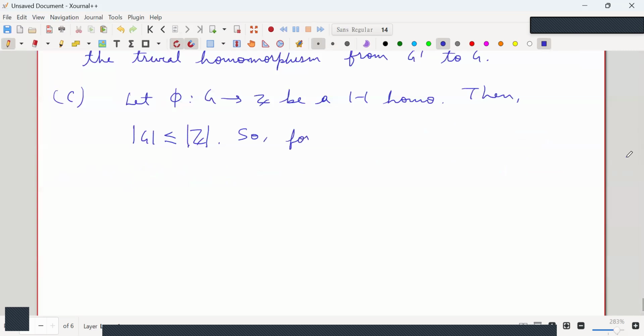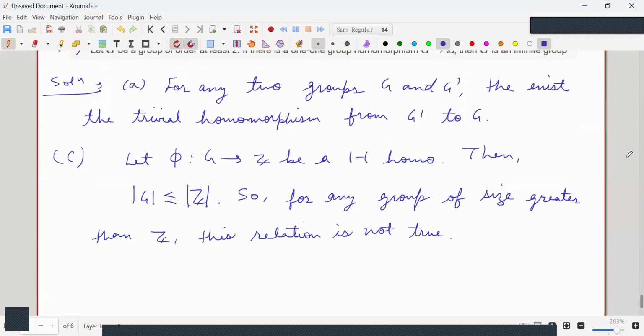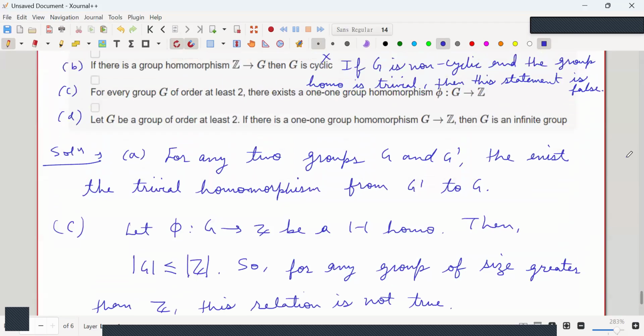So for any group of size greater than Z, this relation is not true. So the statement is false. Correct? Yes, sir. Okay.